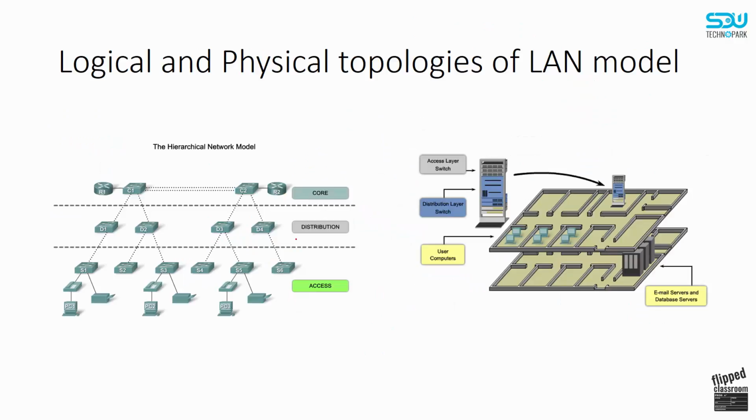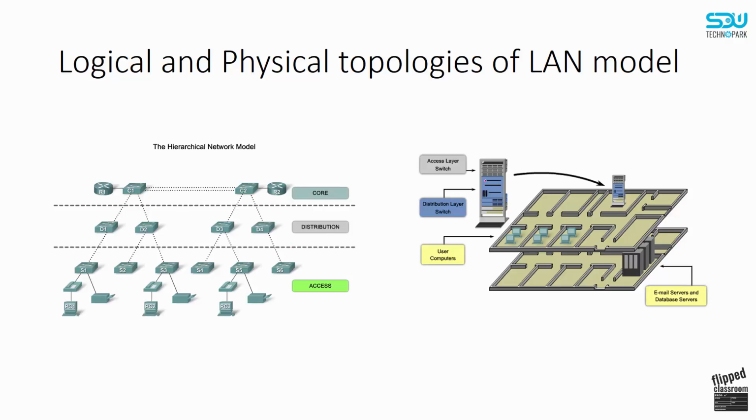Let us take a look at the logical and physical topologies of the LAN model. We have a logical topology, which looks like this, and most people think that switch S1 has to be connected with D1, and that we have to have a long distance between all of these devices because it is drawn like this, but it is just a logical topology.